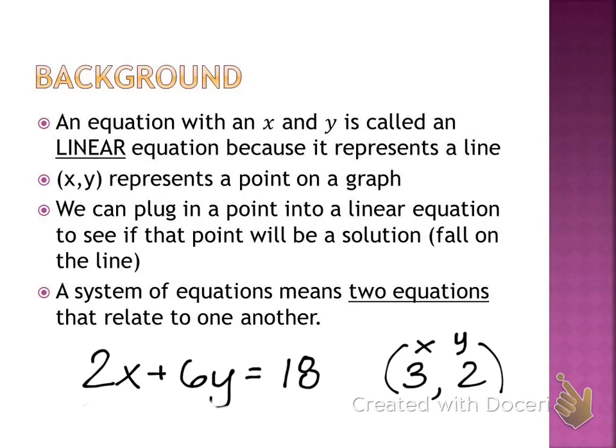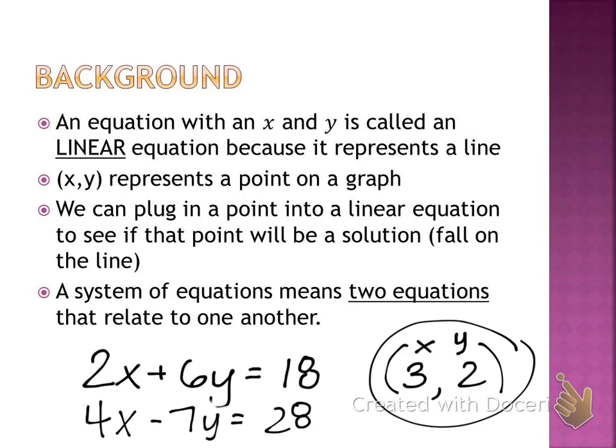I'm going to have another equation, maybe like 4x minus 7y equals 28, okay? Something like that. Now, this is a system because there are 2 equations. So the whole point of 7.1, 7.2, 7.3 is to find, I like to call it, the magical ordered pair that I can plug into both of these equations and get a solution for both of them, okay?